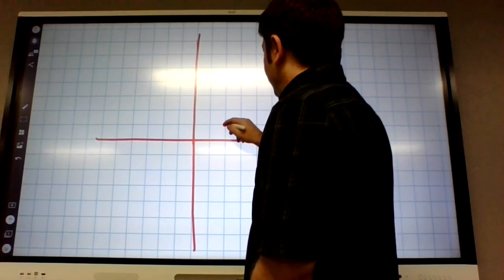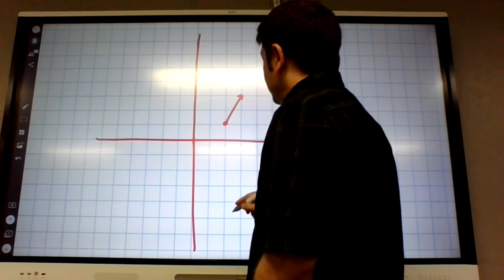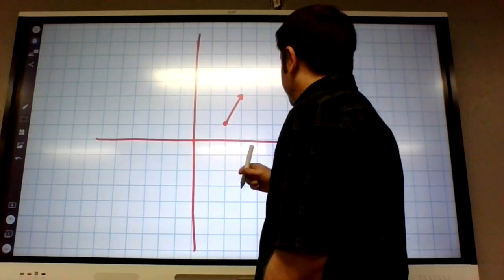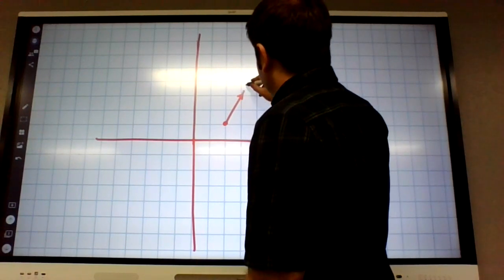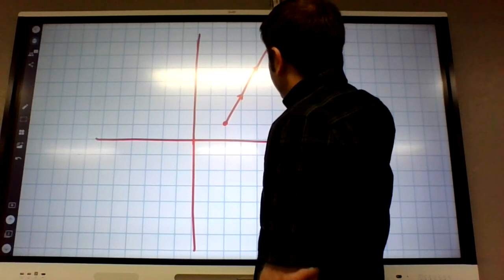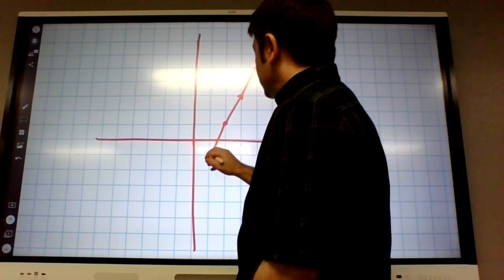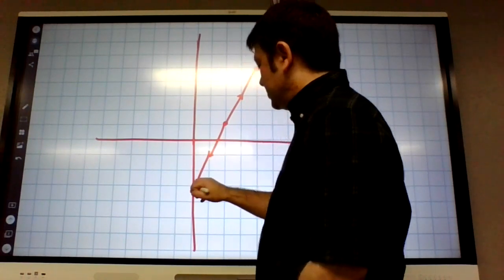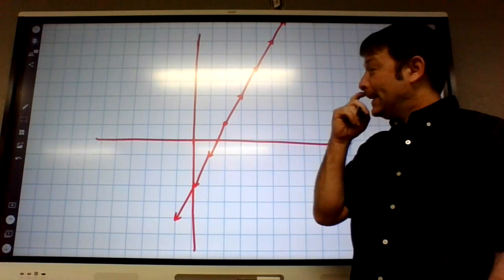So let's say we had one vector that was 1, 2, and it starts at 2, 1. If you keep stacking those vectors on top of each other, it goes forever like that. And if you go in reverse, it goes like that. Anyway, you can make a line out of it.